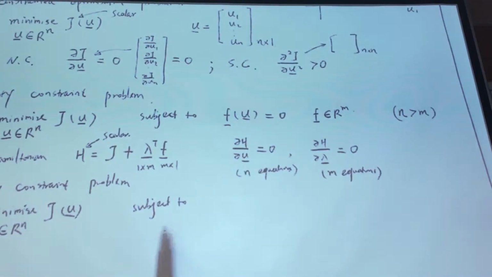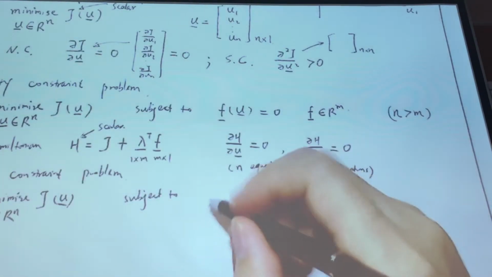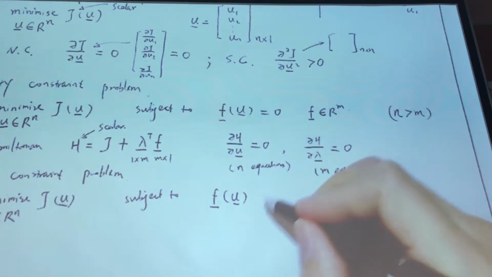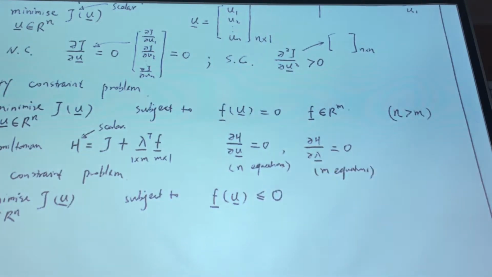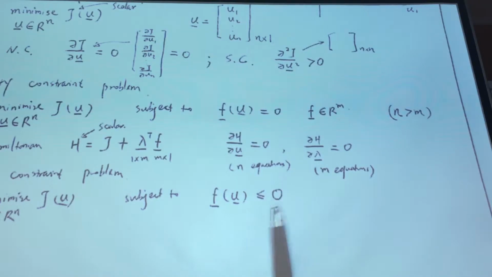But in this problem, we generalize the constraints to be inequality equations. Here we have smaller or equal to 0. We can also represent greater or equal to 0: if you have f greater than 0, you just multiply by -1 to change it to this standard form.